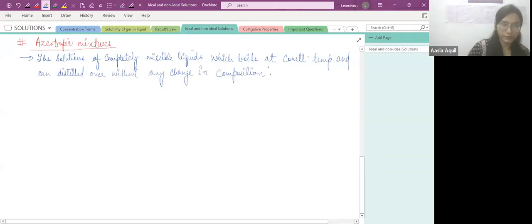So these are called azeotropes or azeotropic mixtures.